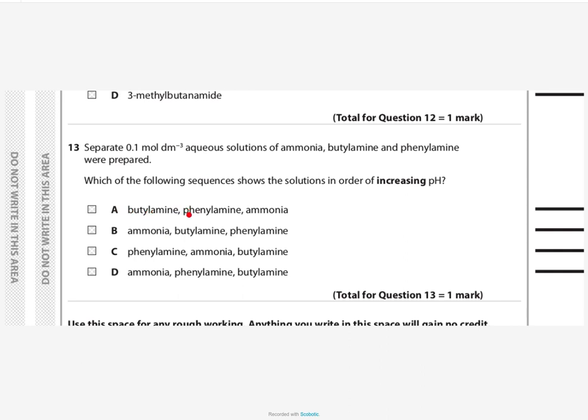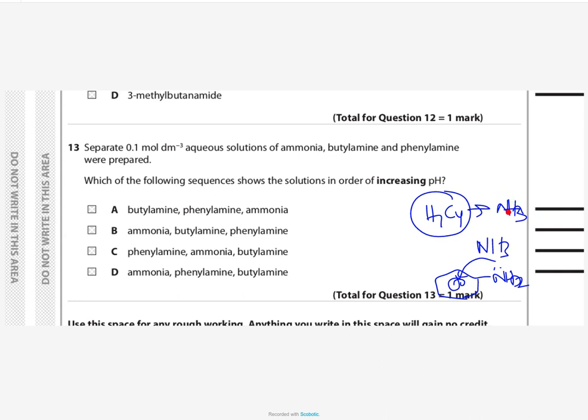Butylamine, phenylamine, ammonia. Which one is more alkaline? Butylamine, because the butyl group is electron donating. Then comes ammonia, and then phenylamine, because in phenylamine the lone pair on nitrogen is less available, as it is delocalized with the pi system.